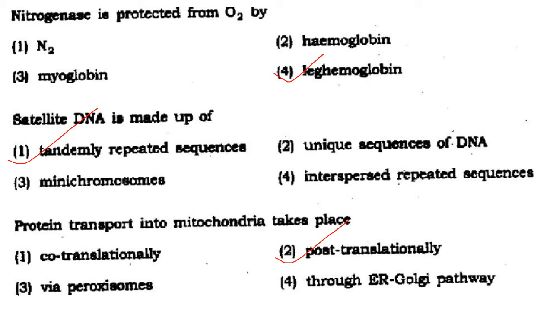Answer is tandemly repeated sequences. Protein transport into mitochondria takes place co-translationally, post-translationally, via peroxisome, through endoplasmic reticulum Golgi pathway. So answer is 2 post-translationally.